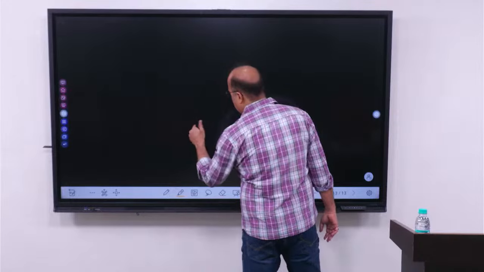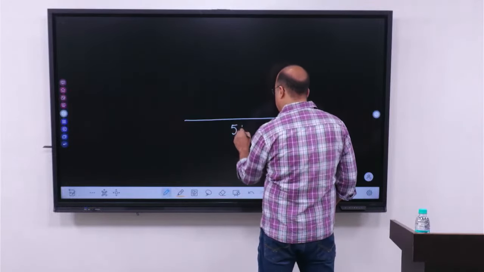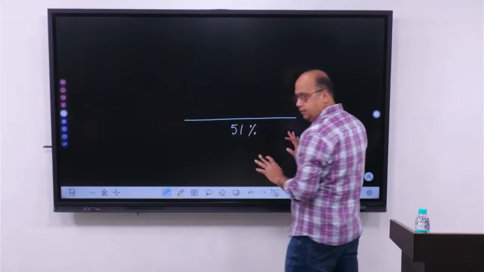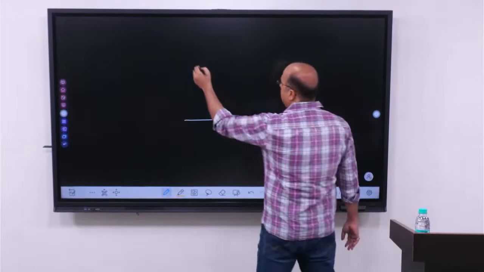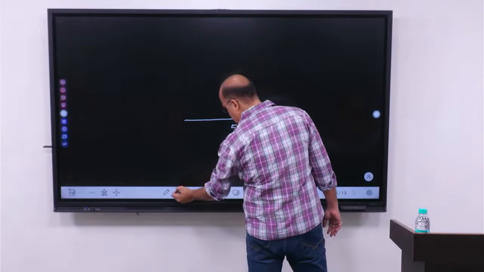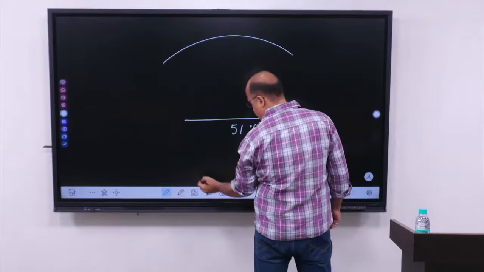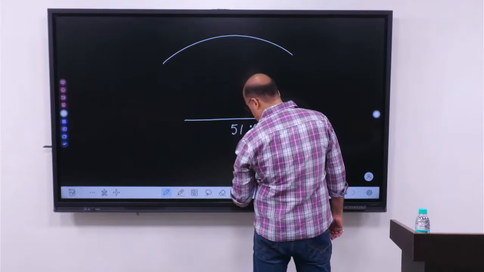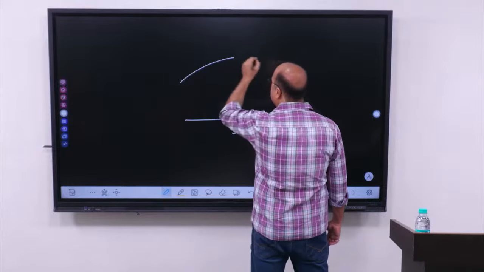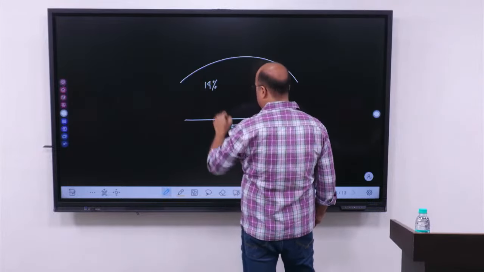So 51% is within the surface, land, and 14% is with the atmosphere. So I'll make this point: 14% is with the atmosphere.